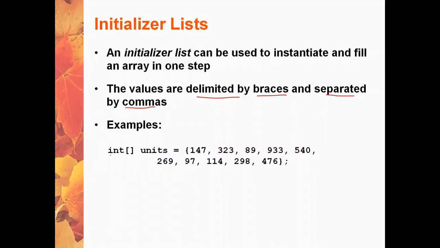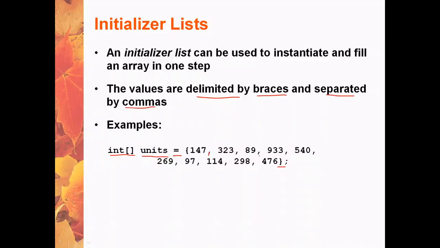Suppose we are creating an array here: int[] units equals, and in curly brackets we have declared some values, and the curly bracket is closed at the end. In between the opening and closing curly brackets, we have a set of values separated by commas.